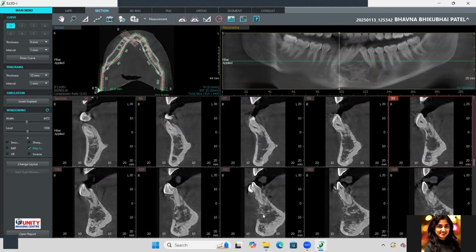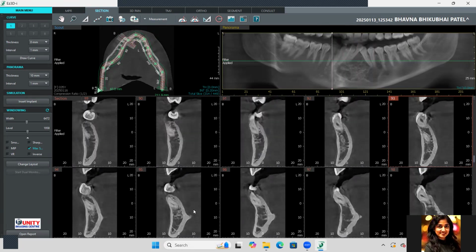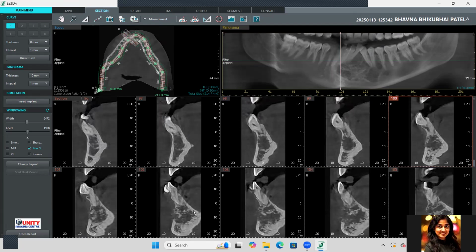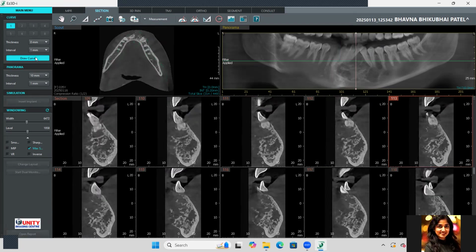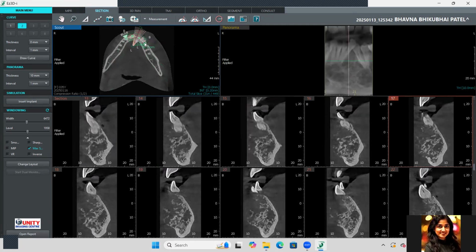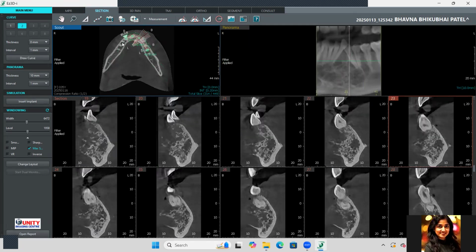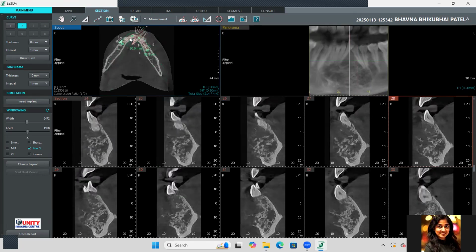Granular content in the lesion causes this appearance. We can draw a small curve pertaining to this. As you can see how it is appearing in the axial section. We can extend the curve till we see normal bone.